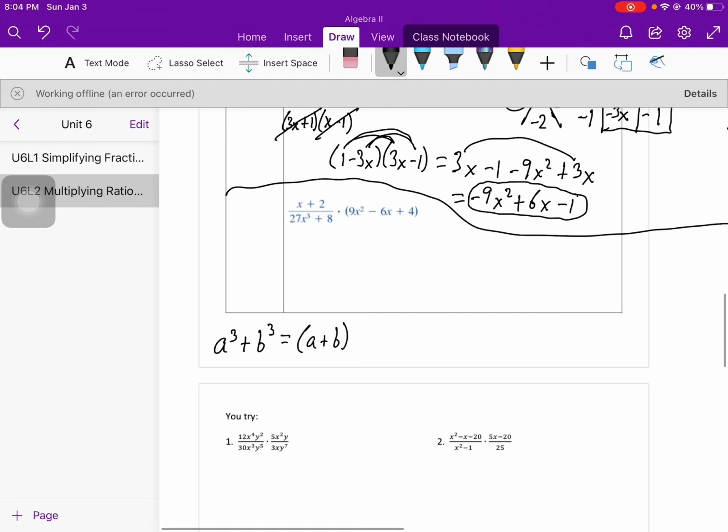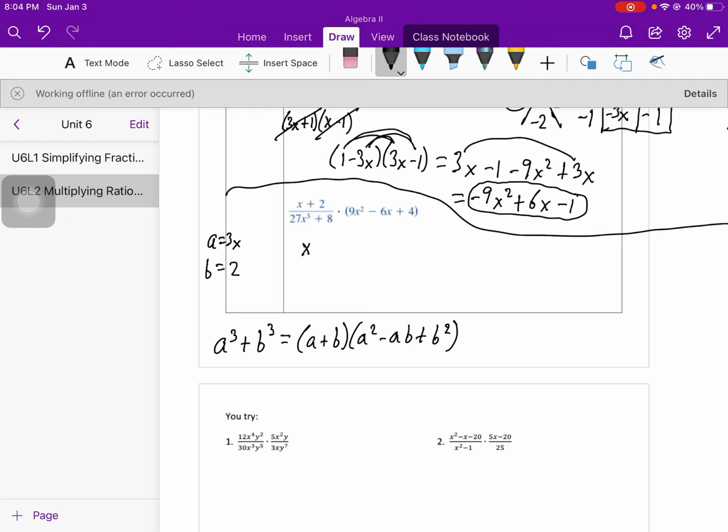A plus b, a squared minus ab plus b squared. Okay, so that's the pattern. And a and b in this case are going to be a equals 3x and b equals 2. Because 3x cubed gives us 27x cubed, and then we have the plus 8, which comes from 2.